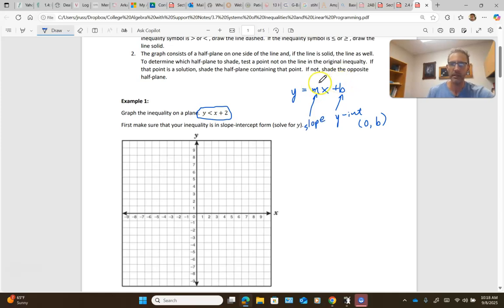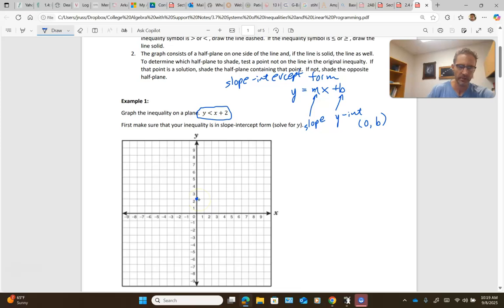So m and b are going to be numbers, and when it's written in this form, it's referred to as slope-intercept form. Now what I'm going to do is put a point at 2 on the y-axis.